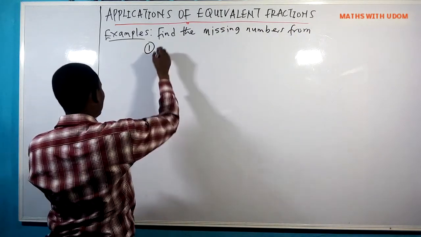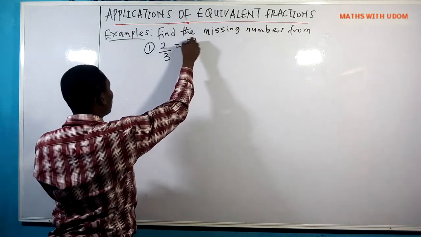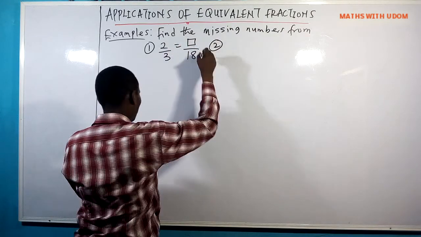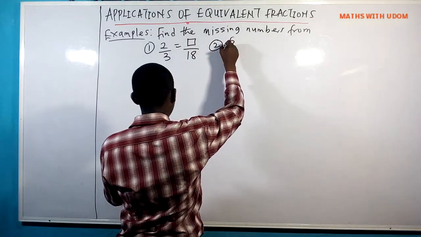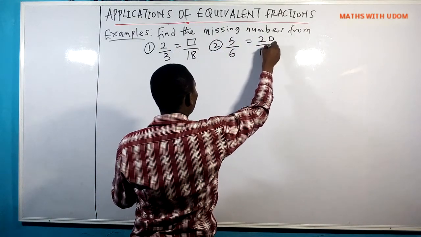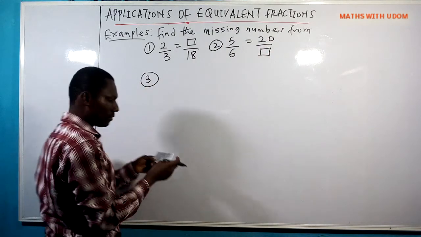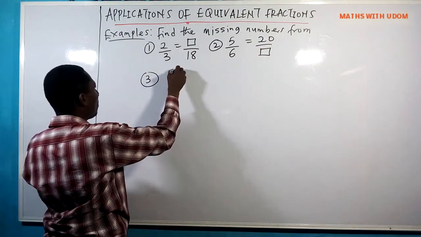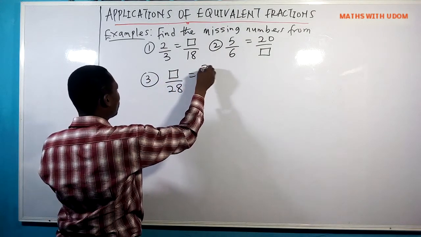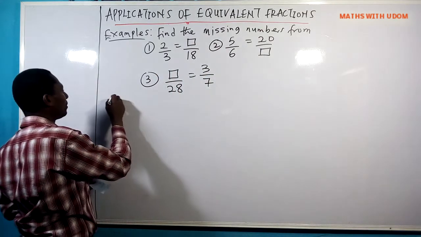Number 1, 2/3 equals box over 18. Number 2, 5/6 is equal to 20 divided by box. While number 3, we have box over 28 equals 3 divided by 7.